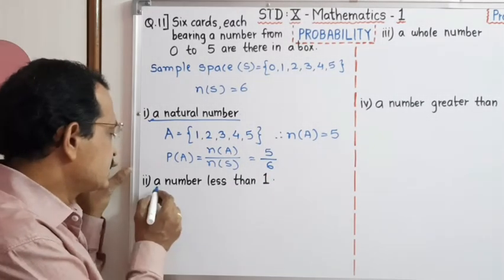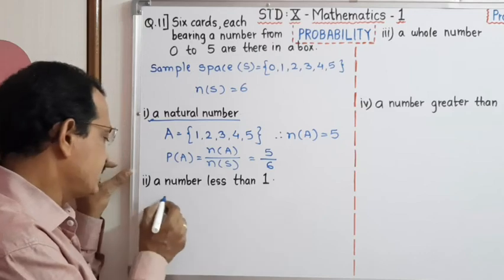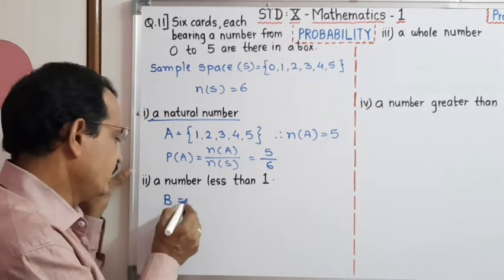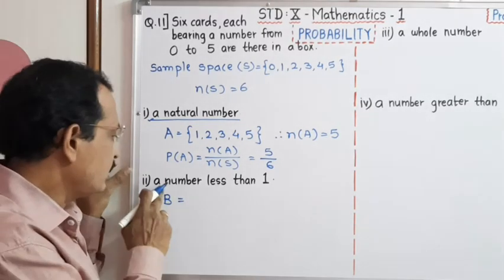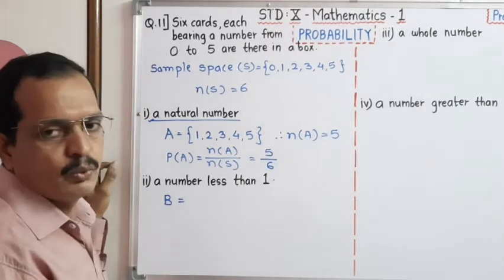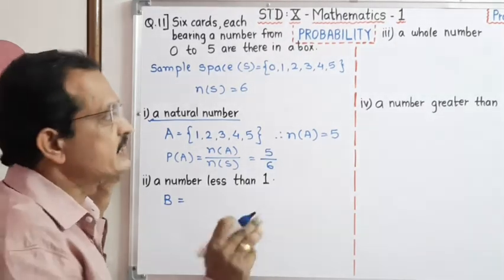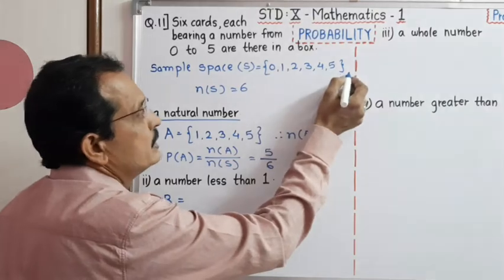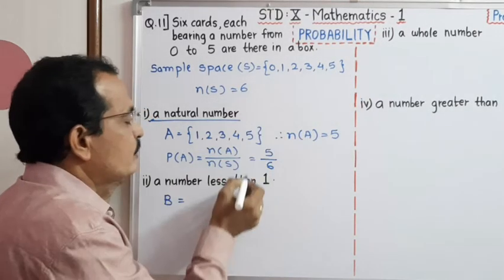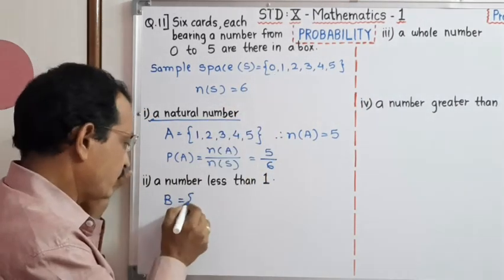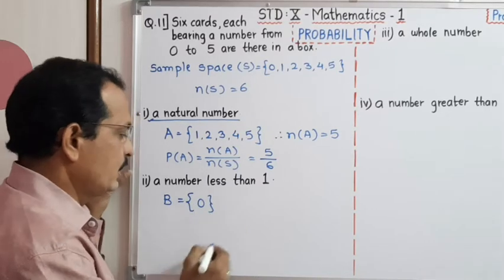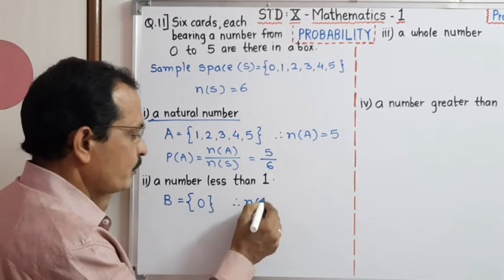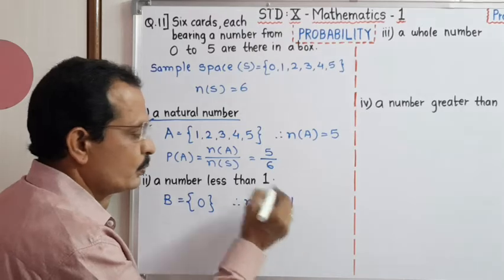Dear student, now the second event is there. Suppose it is event B. For that event, what is it? A number less than 1. We have to choose a number which is less than 1 from this sample space. Now tell me the number less than 1. It is 0. Therefore, we can write here 0. And therefore, n(B) is equal to 1.